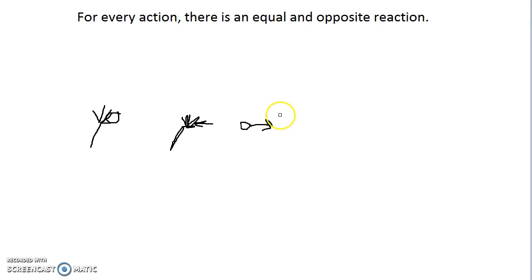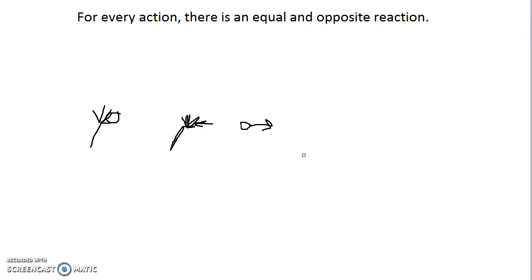And you can always know, if you see this in a physics problem, let's say I'm pushing on a car, and they're asking you, what's the relative magnitude of the force on the car from me, and what's the relative magnitude of the force on me from the car? You may have the idea that maybe the car is pushing harder because it has more mass, and that is close.